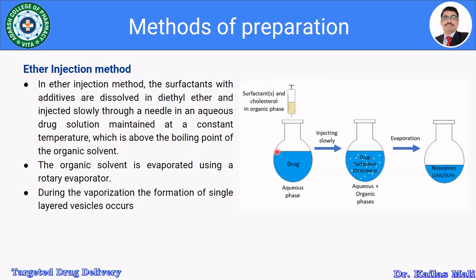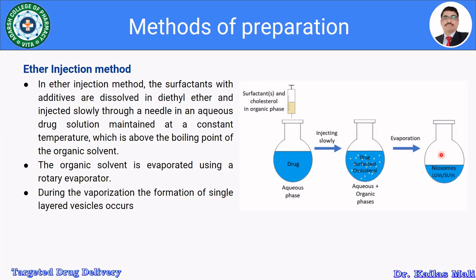Here this is the aqueous phase which comprises the drug, and in the syringe is the surfactant and the cholesterol dissolved in the organic phase, which is dropped into the aqueous phase at a slow rate. The organic solvent is evaporated using a rotary evaporator, and during the vaporization, formation of single layered vesicles occurs.